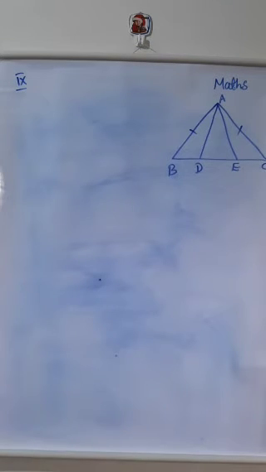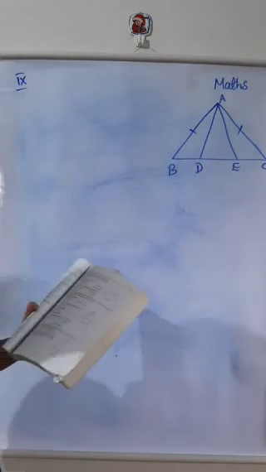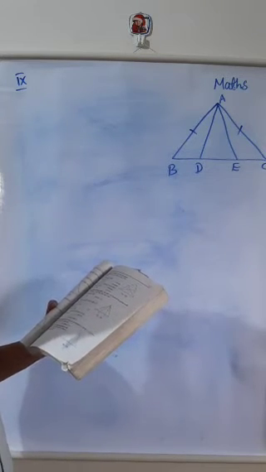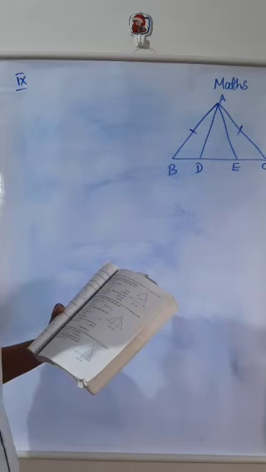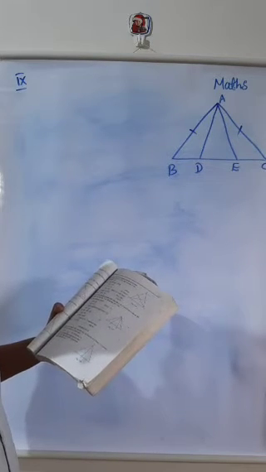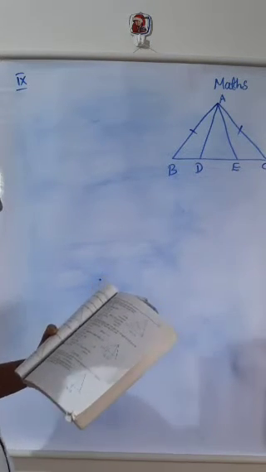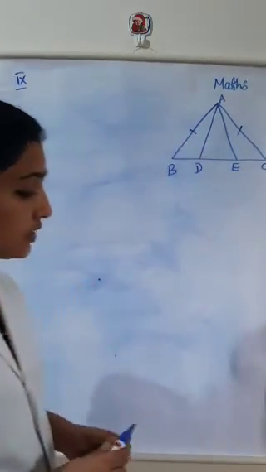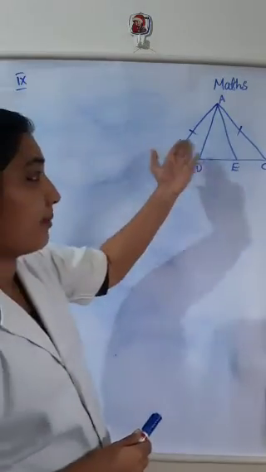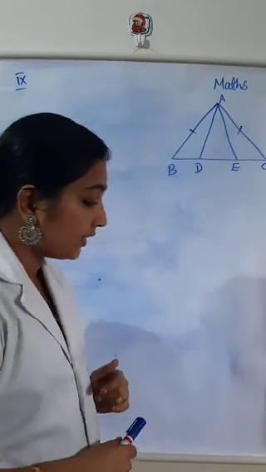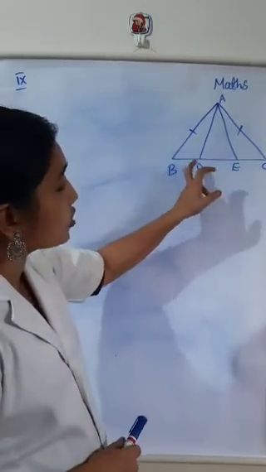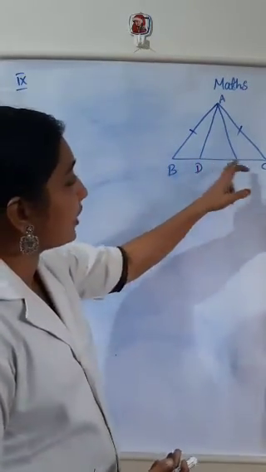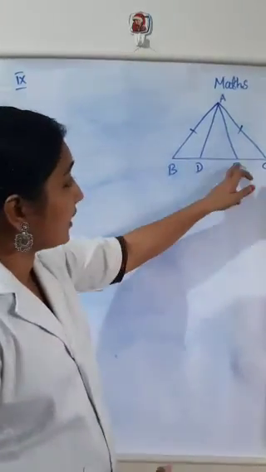Next question. In an isosceles triangle ABC with AB equal to AC, D and E are points on BC such that BE is equal to CD. Show that AD is equal to AE. Given an isosceles triangle with equal sides AB and AC, and D and E are points on the side BC, with BE equal to CD.